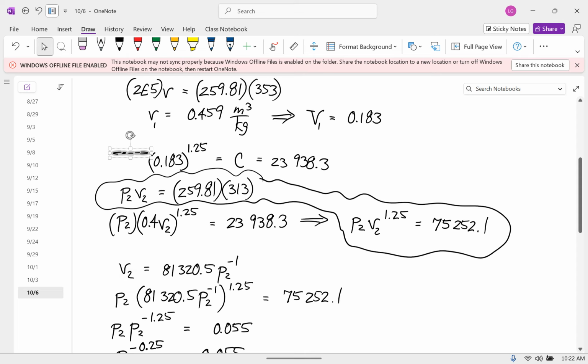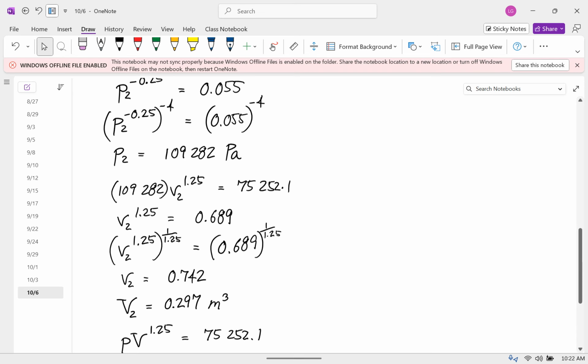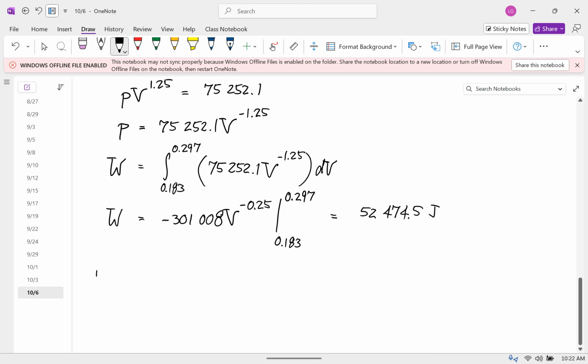So 1,500. Let's say it's heat. So then for part B, we're going to say the change in internal energy is equal to Q minus W. And so the change in internal energy is equal to, we're going to say 1,500 joules of heat is added, minus 52,474.5.